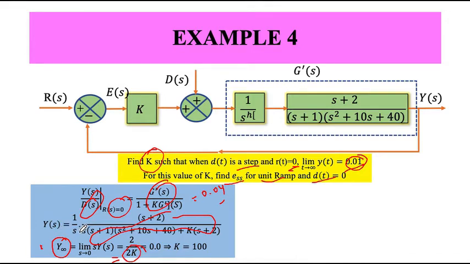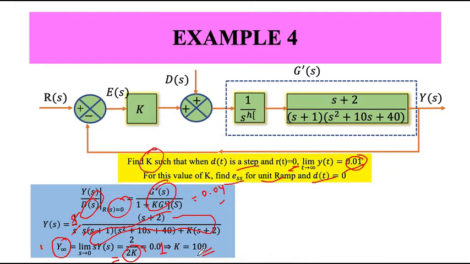The s is multiplied, so it will get cancelled with this s. All the s's are 0. Okay, so I will apply all the maths and I will have 2 by 2k, right? And that is to be equal to 0.01. So my k value is 100.